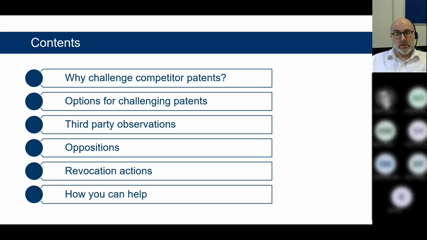It can result in significant damages and costs to the losing party, and so it's less used than the other options by most companies. We're also going to discuss ways that you can help when the business wants to challenge a patent, and believe it or not, amongst all of the arcane and mystic legal wrangling, your technical input can actually be key to winning any sort of challenge.